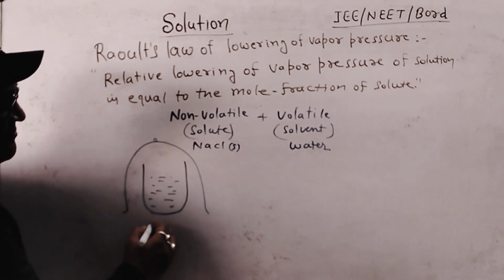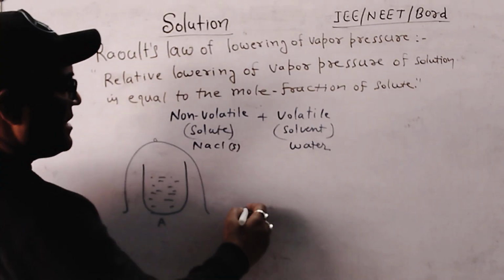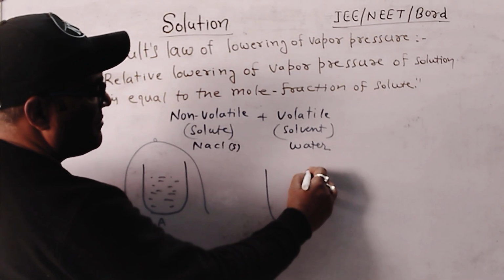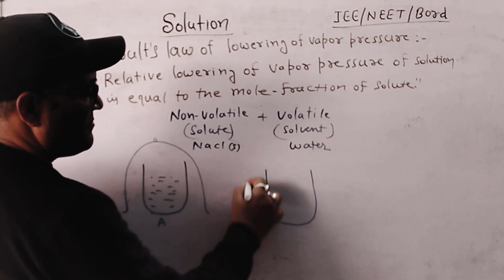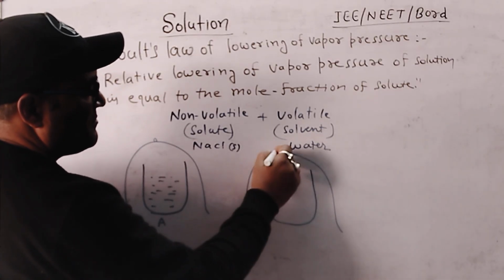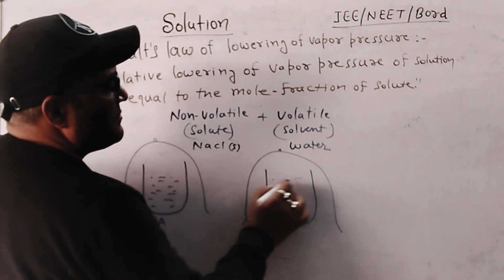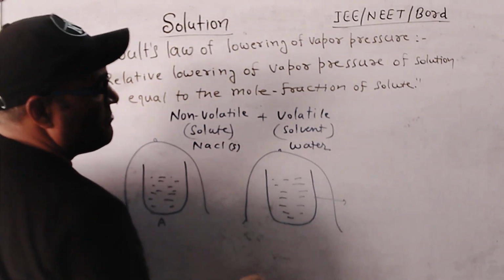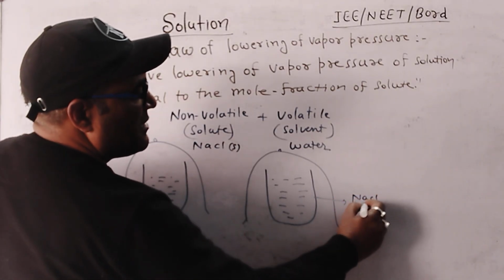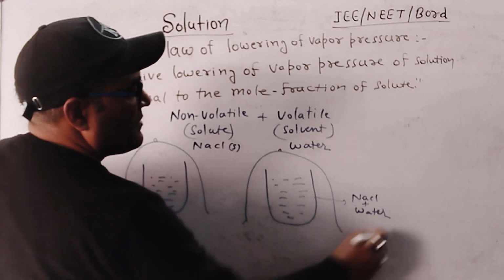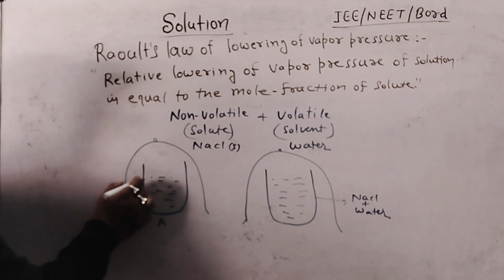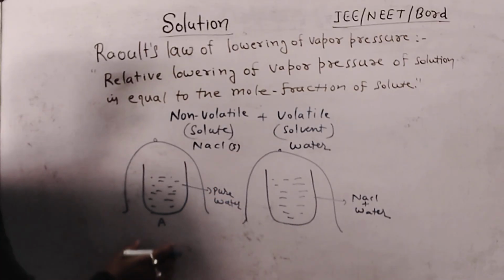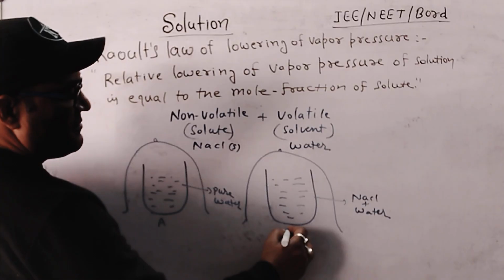This is the bell jar, figure A, and we draw another bell jar, figure B. This container is filled with a mixture of volatile and non-volatile components, NaCl plus water. Then here is pure water at the same temperature.